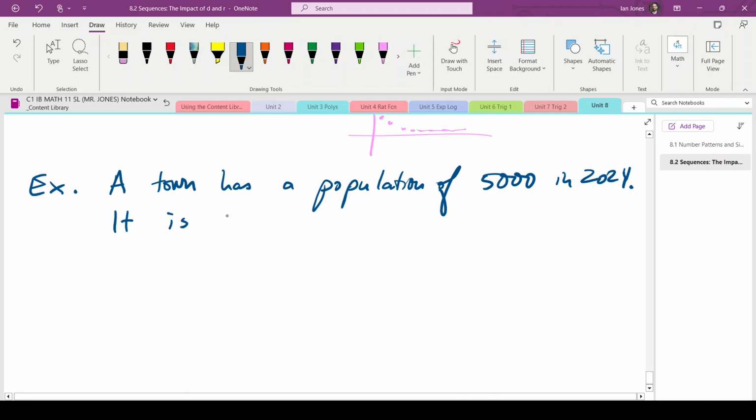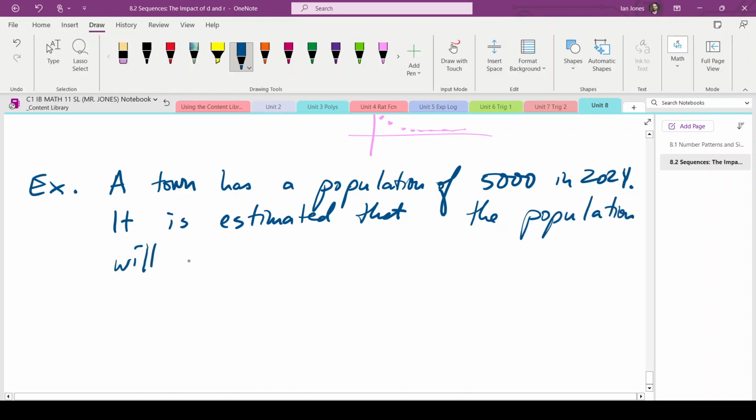It is estimated that the population will shrink by 20% per year. Find the population in 2032.